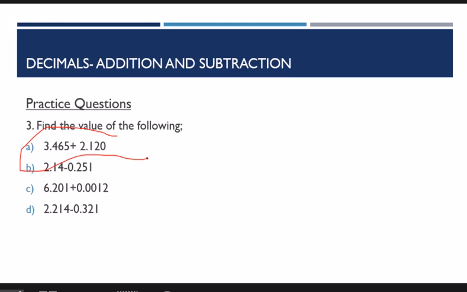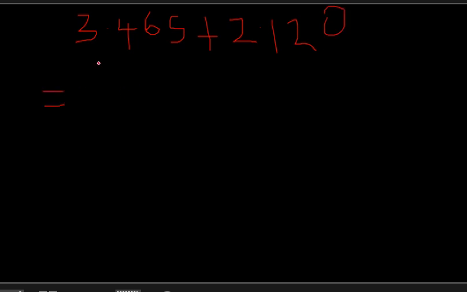So you write them properly so that we can easily add 3.465 plus 2.120. How do you add? You add just as you add ordinary numbers, except that you have to be a little bit more careful when you reach the decimal point.